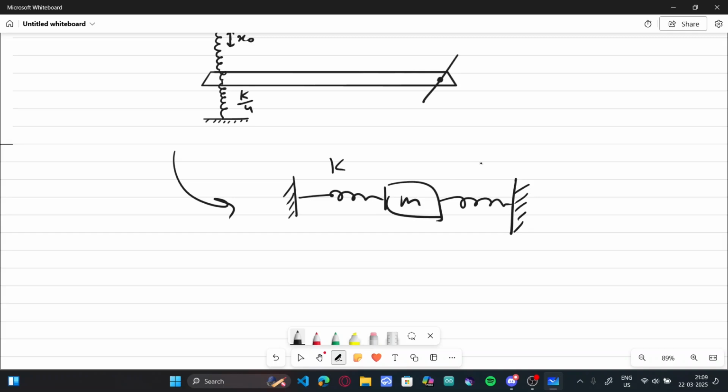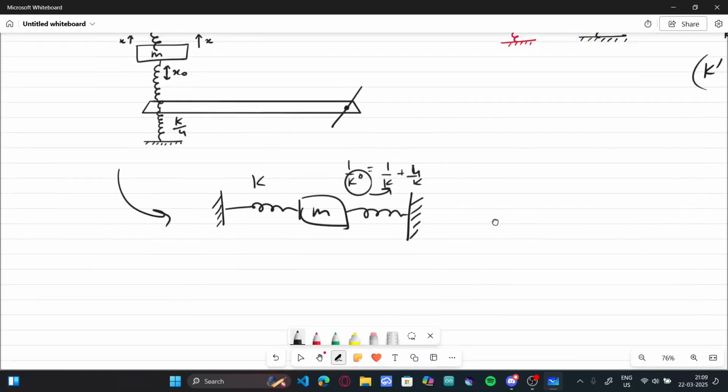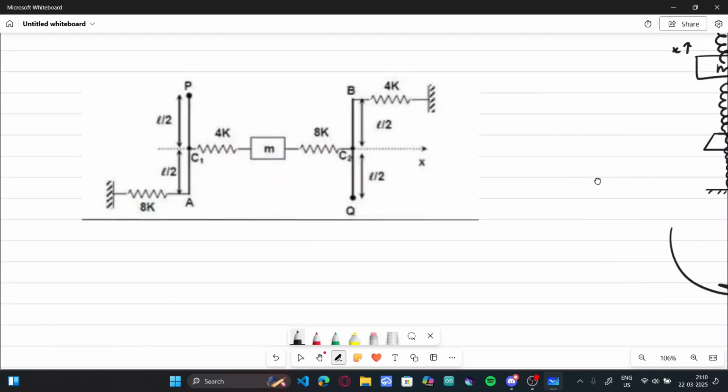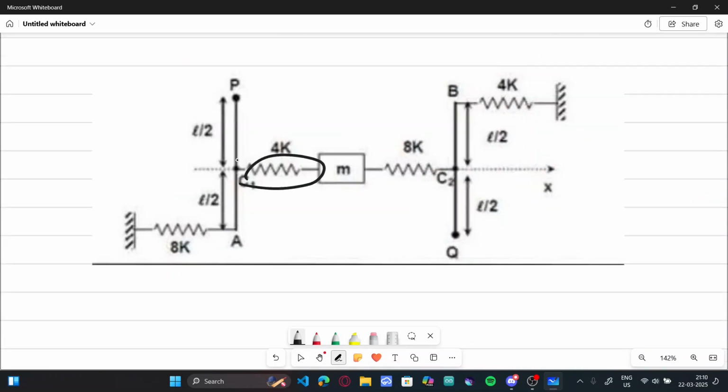This here is k, and this is k by 4. So 1 by k naught is equal to 1 by k plus 1 by k by 4. This k naught over here is this, because they are in series. Now this whole thing relates to the original problem like this. There is a spring over here. This thing is gonna rotate like this.